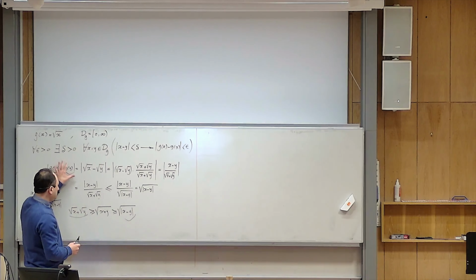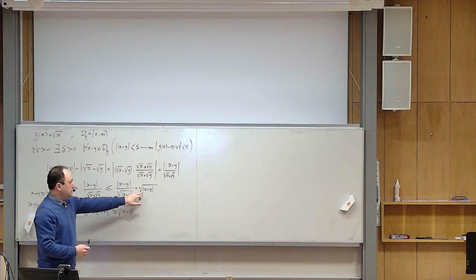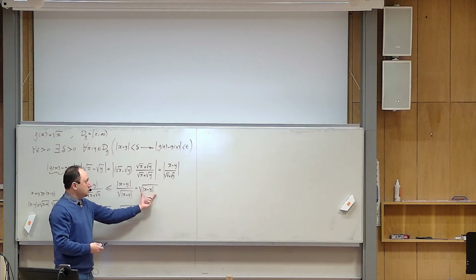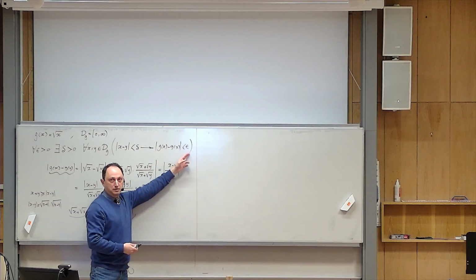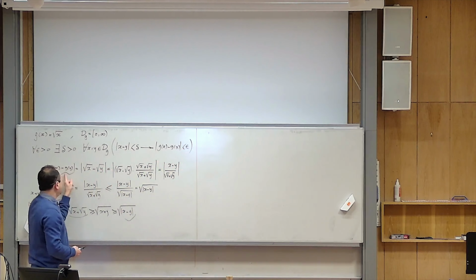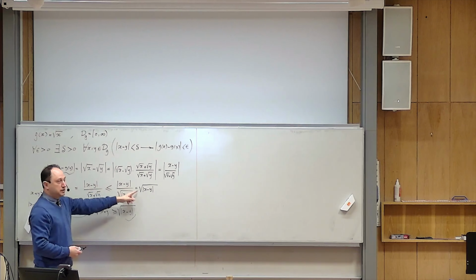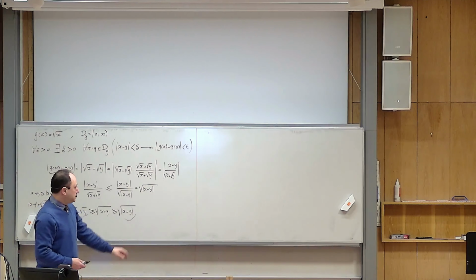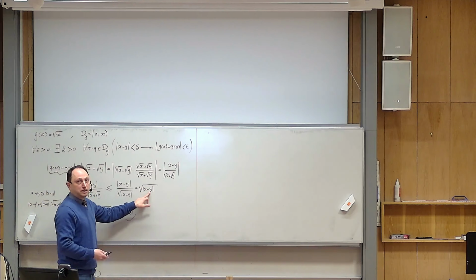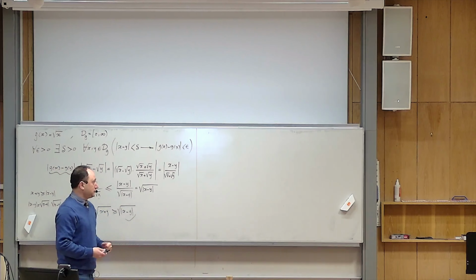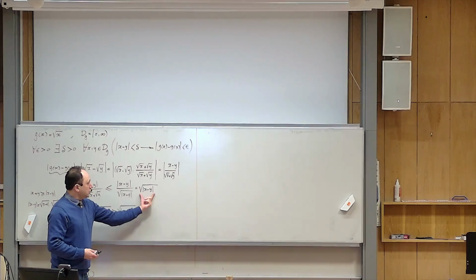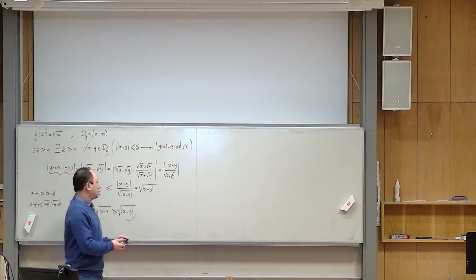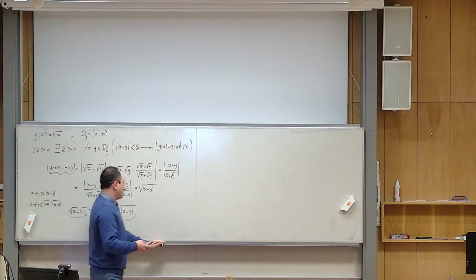Because this expression is less than or equal to this expression. So if I somehow manage to make this one less than the given epsilon, automatically this one, which is smaller than this one, also becomes smaller than epsilon. But making this smaller than epsilon is easier for me because it has a very close connection to what I can control, yes?